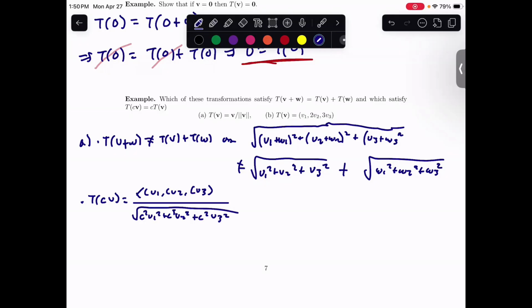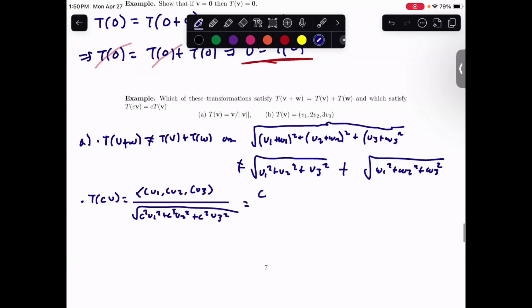And so you can factor out a C in the numerator and the denominator. This is V1, V2, V3, and then this is going to be C times the square root of V1 squared plus V2 squared plus V3 squared. These cancel out with one another, and so this is just going to be equal to V1, V2, V3.